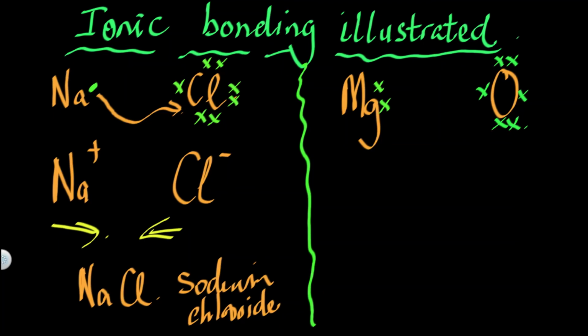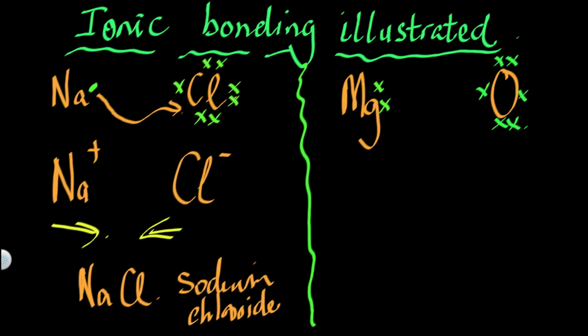Let us look at the desires of these two atoms. Magnesium can lose these 2 electrons and become like the previous noble gas, which is neon, whereas oxygen can gain 2 more and also become like neon.